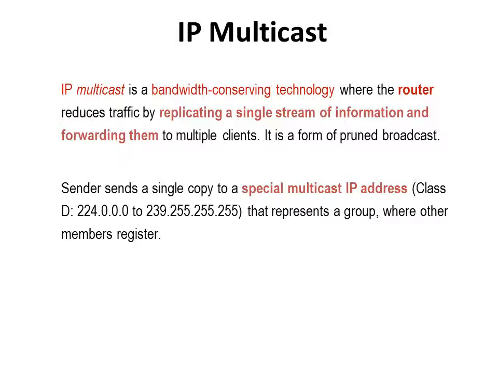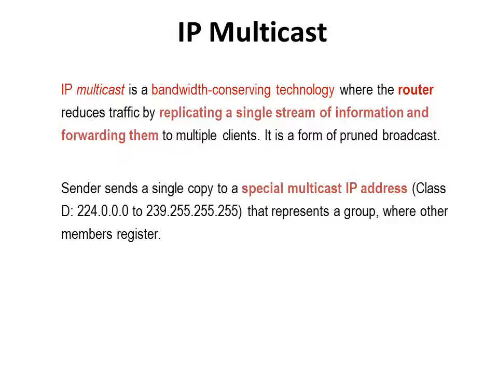On the other hand, in application layer multicast, multiple copies of messages are made by the source itself and sent over to the destinations. And that's the reason why IP multicast is bandwidth conserving. On the other hand, application layer multicast is not bandwidth conserving, right? It takes up a lot of bandwidth. So these are 2 differences that you need to remember.